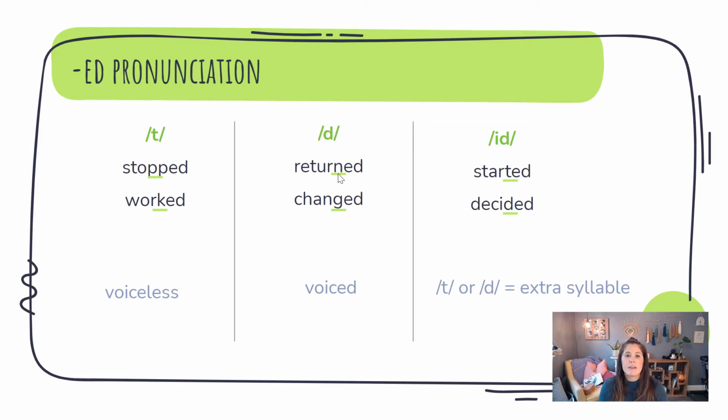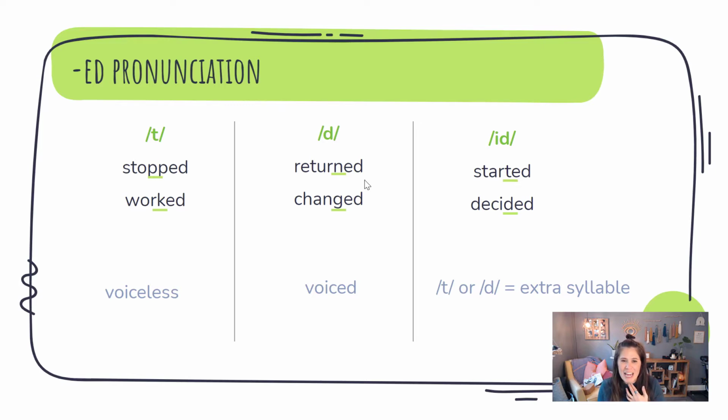In this case, the final sound of the base word is n, return, n. N is a voiced sound, so -ed is going to sound like d, returned, changed, j, d. Not change-ed. That's not what we do.